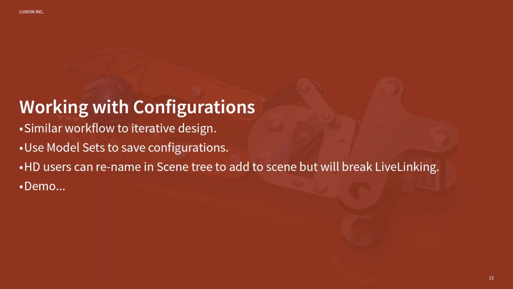And then I just wanted to mention, if you do not have KeyShot Pro, if you're an HD user, if you rename the item in the scene tree, it's going to break that live link. So that allows you to actually save a variation in the scene without using model sets, without requiring KeyShot Pro.